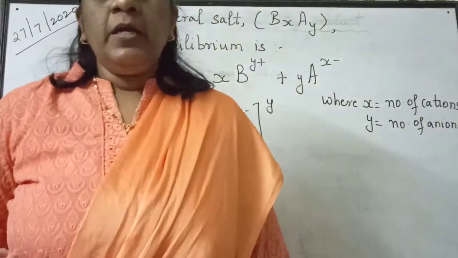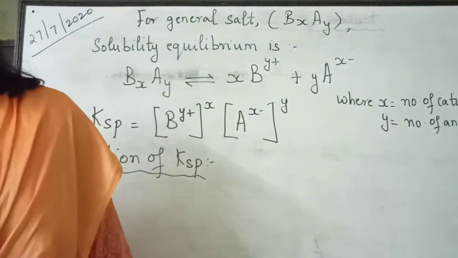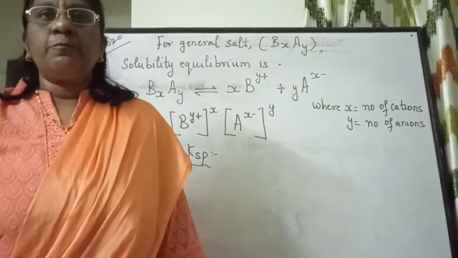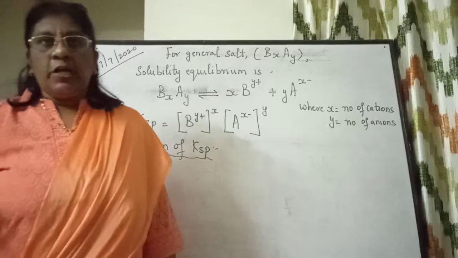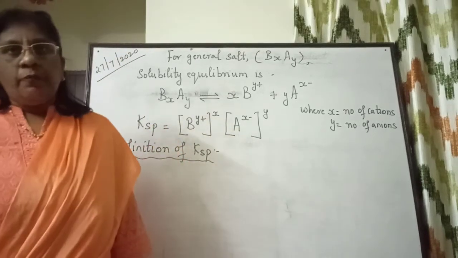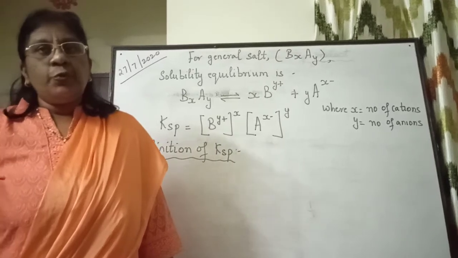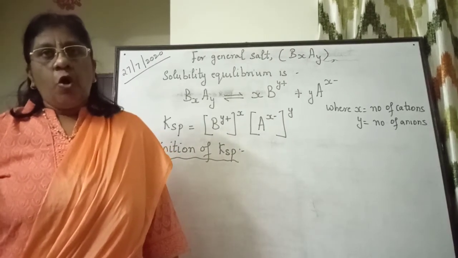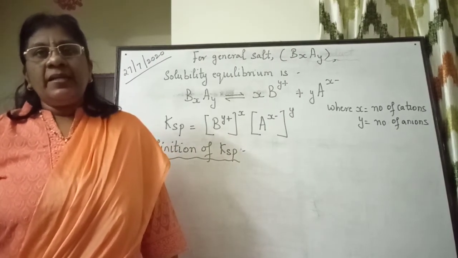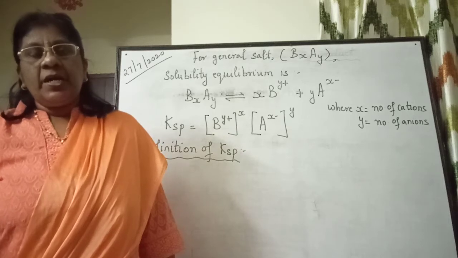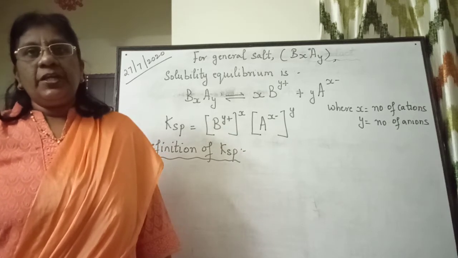Listen carefully. In a saturated solution of a sparingly soluble salt, the product of ionic concentration raised to suitable power is constant at a given temperature, and that is the solubility product.